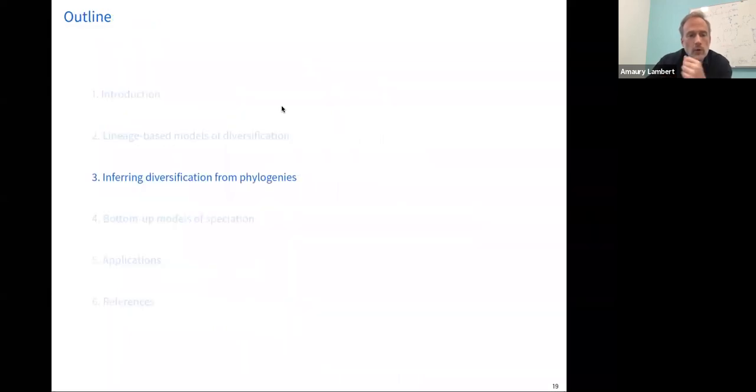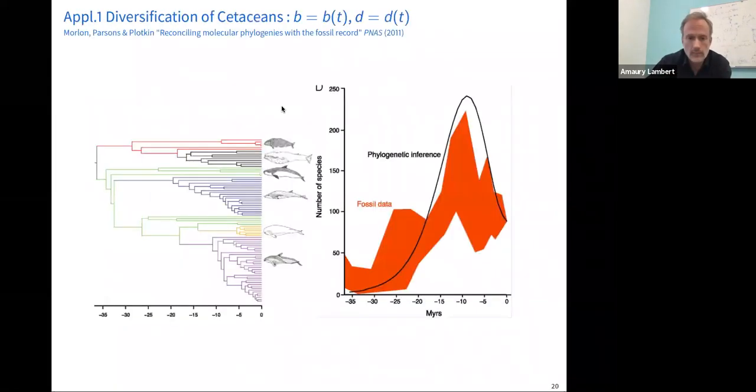Now, let me show you three papers that use this machinery to infer the diversification process from the mere knowledge of the phylogeny. The first of these papers is a paper by my colleagues Hélène Morlon and Todd Parsons, and also Joshua Plotkin, where B and D only depend on time, parameterized, I think, by exponentials.